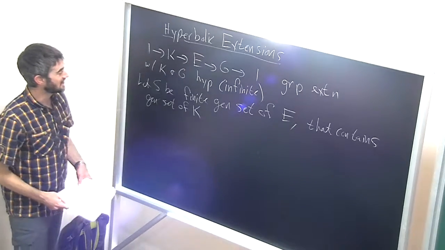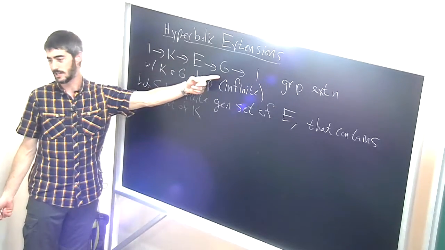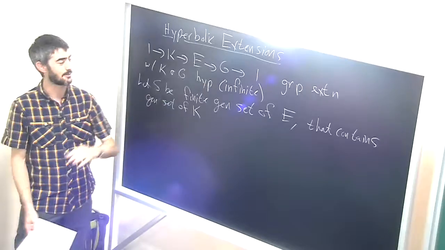So now this gives me a word length on E. And of course, my generating set for E also projects to a generating set of G, because this is a surjective map. So I just map them forward.